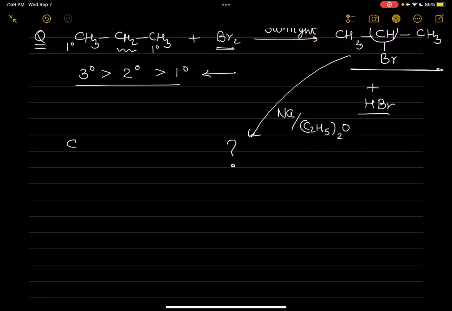Okay, and so you need to write like this. Write the Br of one molecule facing the sodium and the Br of another molecule facing the other sodium.